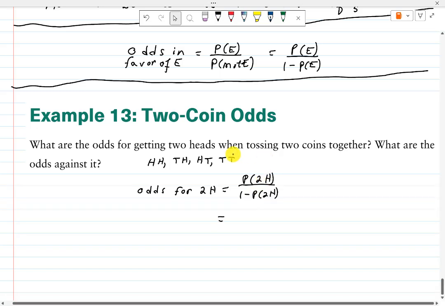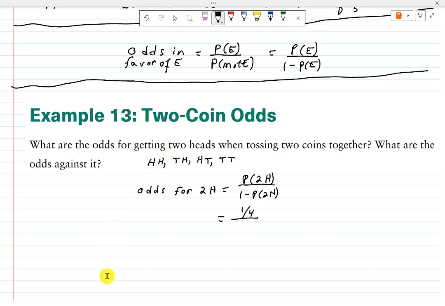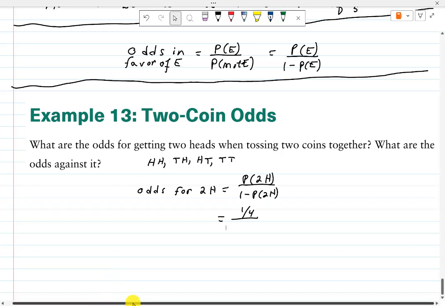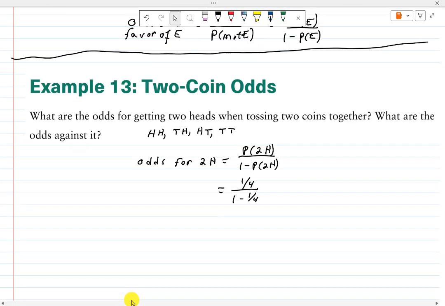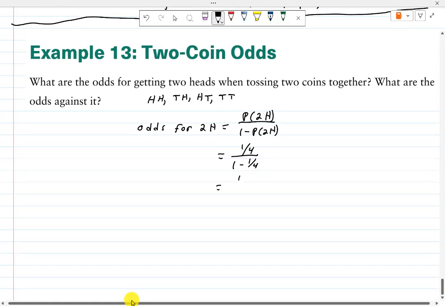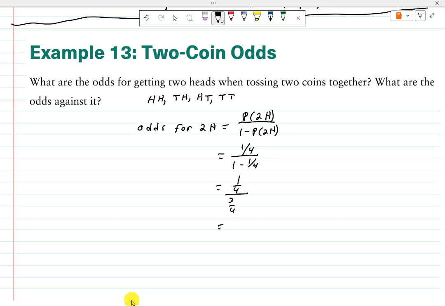If we look at 2 heads, I've only got one situation there. And down below, I'll have 1 minus 1/4. So 1/4 divided by 3/4. Remember to flip the second fraction. 1/3, or 1 to 3.